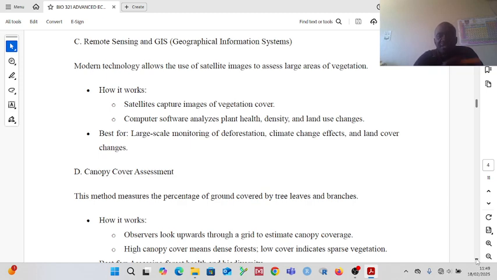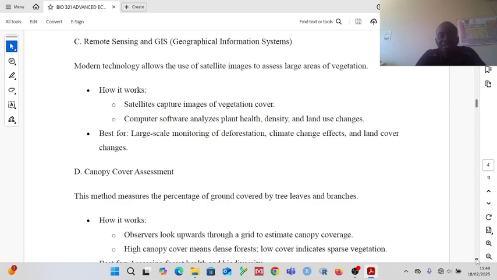With this, you are using satellite images to assess large areas of vegetation. We have satellites all over, which keep capturing the images as time goes by. So you can now tap into these satellite images, then we use them to analyze.